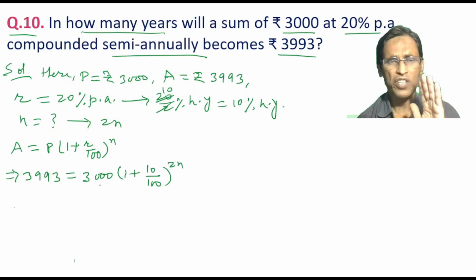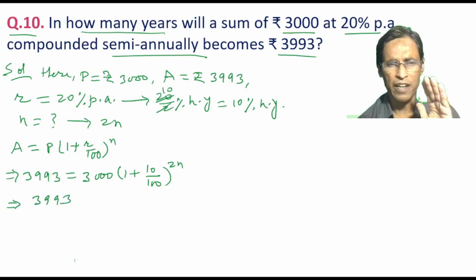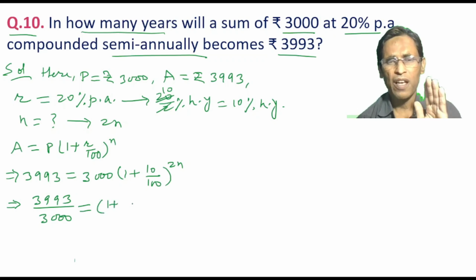Now we transpose 3000 from right side to left side. By doing this we get 3993 by 3000, which will be equal to 1 plus.